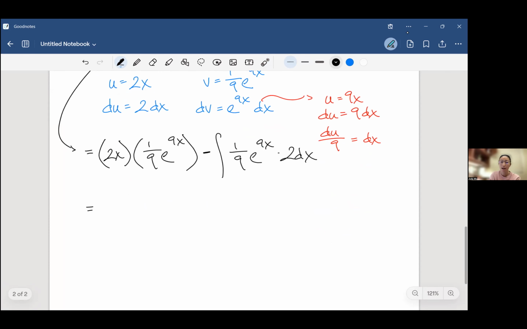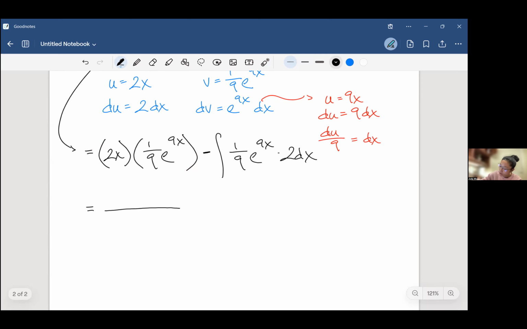As far as algebraically simplifying things, I do expect that we're able to turn things into a single fraction. For example, over here it looks like I have 2x times a bunch of other stuff, but we can actually write this as a single fraction. One way that I find really helpful is to put out a fraction line and think about what's in the numerator and what's in the denominator.